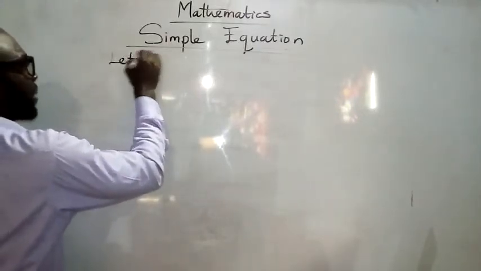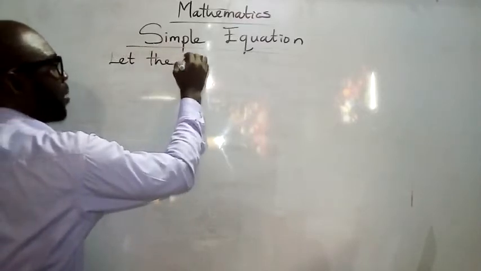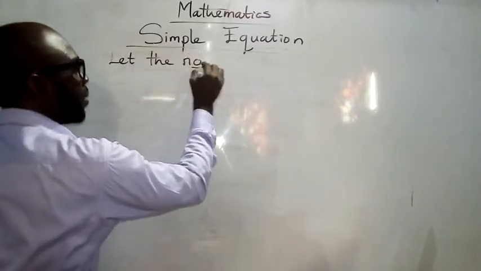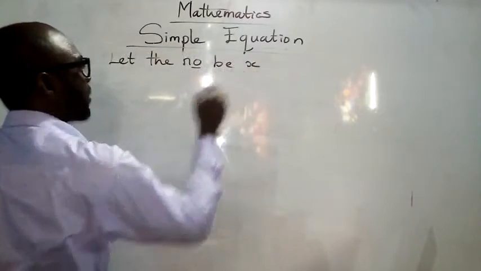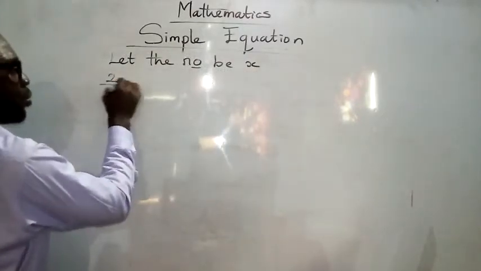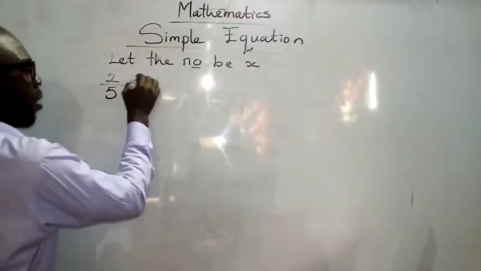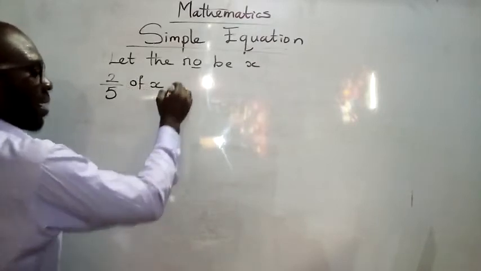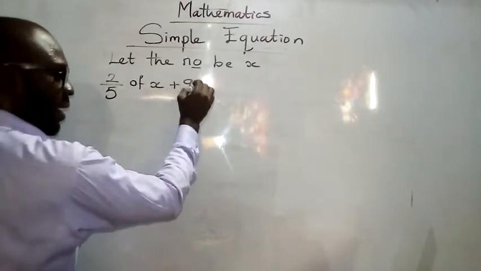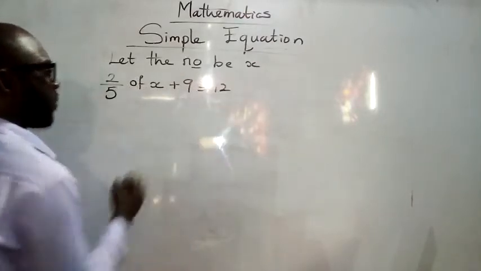So let the number be x. So 2/5 of x is added to 9 and the result is 12.